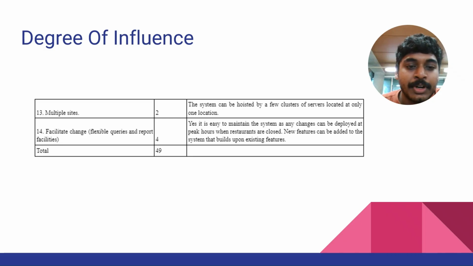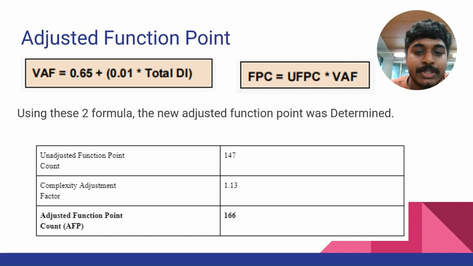The total degree of influence was 49, and using this information and these two formulas, the complexity adjustment factor was calculated, which was 1.13, and the adjusted function point, the final one, was 166.